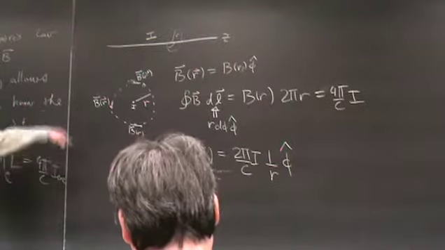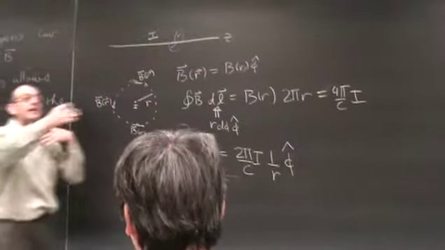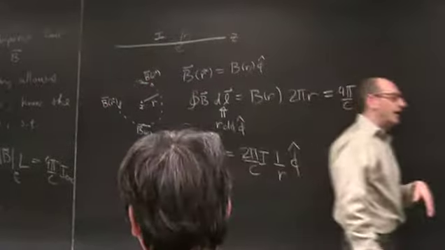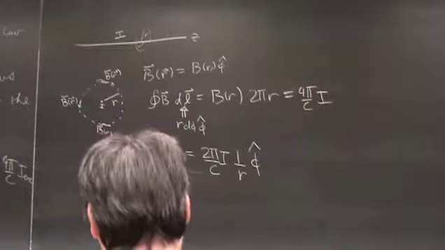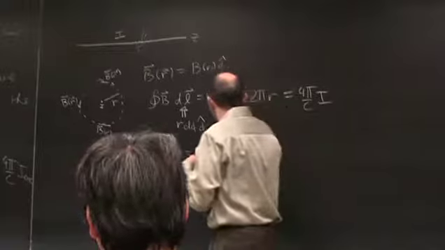So the magnetic field falls off like 1 over r. Now this, of course, is an infinitely long wire. There's no such thing. It's kind of a false problem, but as I said, it'll be approximately that. Sorry, there's no pi here.